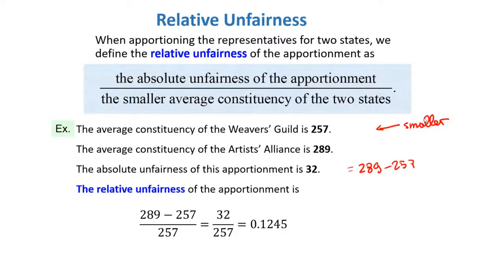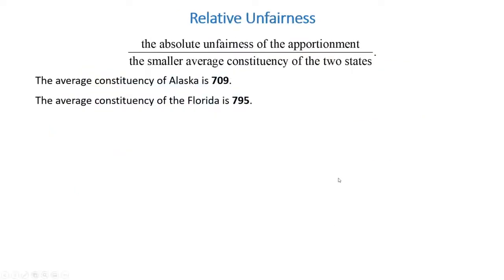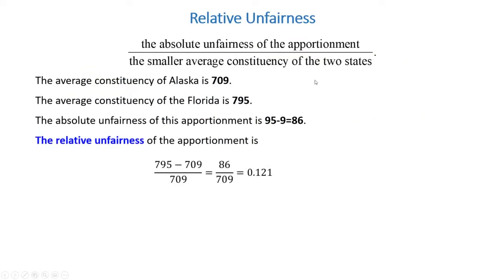Relative unfairness can be a very small number, much less than 1. So when you do the homework, look at what is written in the problem. It often asks you to round to 4 digits after the point. Sometimes 3, but more often 4. Okay, the same: the average constituency of Alaska is 709, of Florida 795. The difference is 86, and for the relative unfairness we divide by the smaller one.